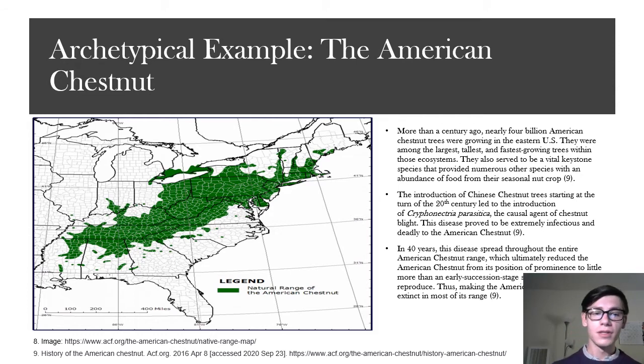It's pretty simple. Turn of the 20th century, Americans started importing and introducing the Chinese chestnut here to the United States. In 1908, the fungus that causes chestnut blight, called Cryphonectria parasitica, had an outbreak, and every year since then, for the next 40 years, it spread throughout the entire range of the American chestnut.